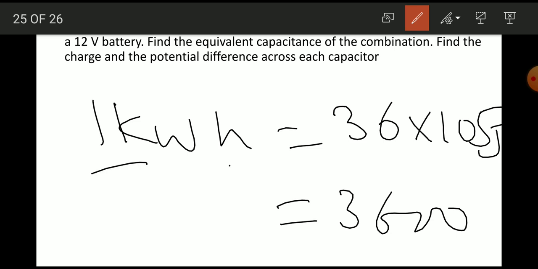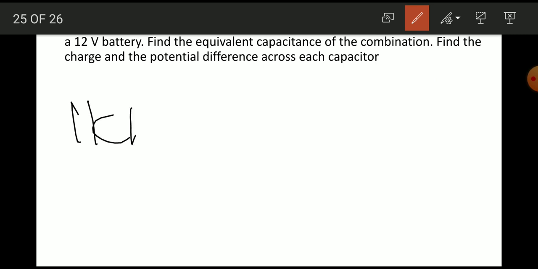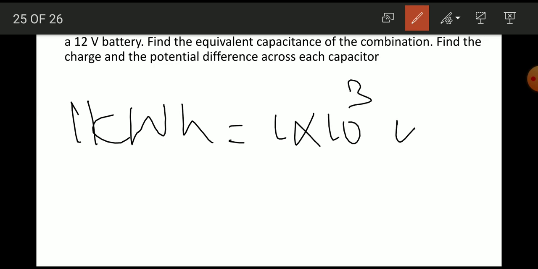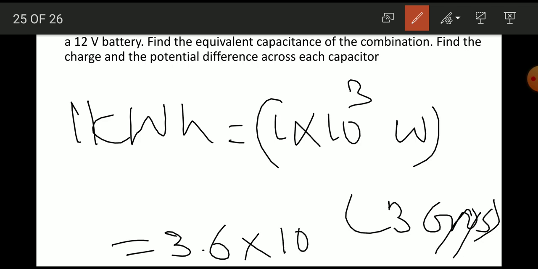Kilo means 1000, hour means 3600 seconds. 1 kilowatt hour is 1 multiplied by 10 raised to power 3 watt multiplied by 3600 second. So 1 kilowatt hour is equal to 3.6 cross 10 raised to power 5 joule.